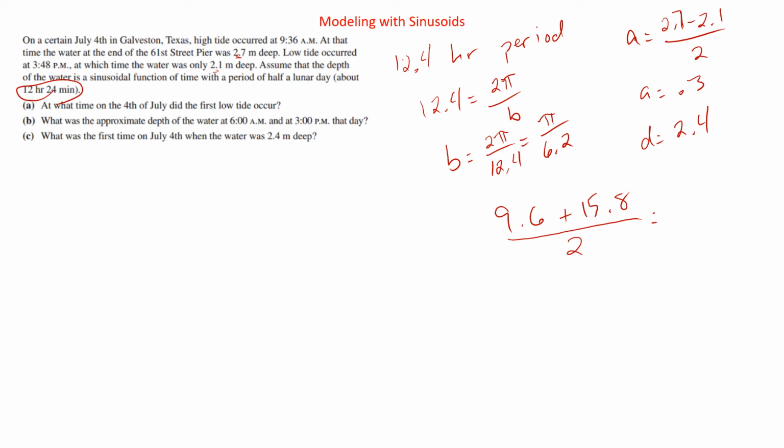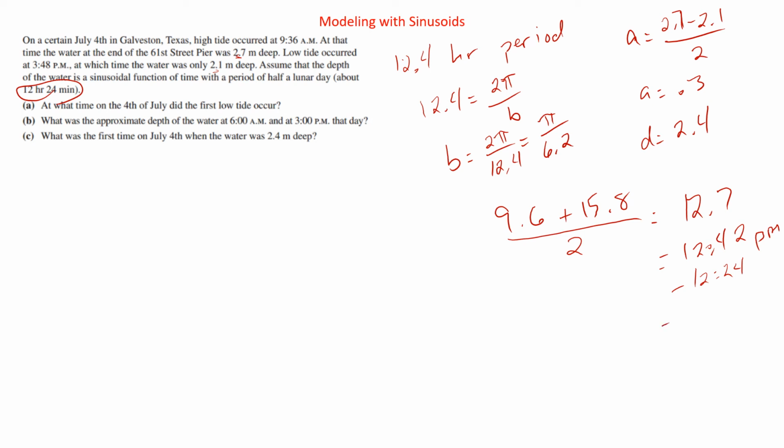At 12.7, which, what is 0.7? 0.7 would be 42 minutes, so it's at 12:42, which we could take back a period, right? So it's 12:42 p.m. If the period is only 12 hours and 24 minutes, we could subtract the 12 hours and 24 minutes to get 18.